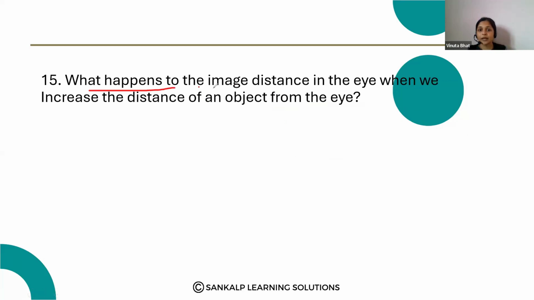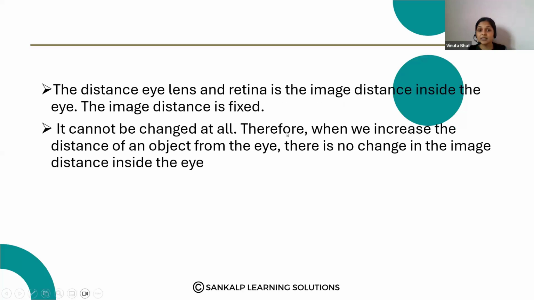What happens to the image distance in the eye when we increase the distance of an object from the eye? Okay, read the question properly. And what is the answer? The distance between the eye lens and retina is the image distance inside the eye. The image distance is already fixed, so it cannot be changed at all.